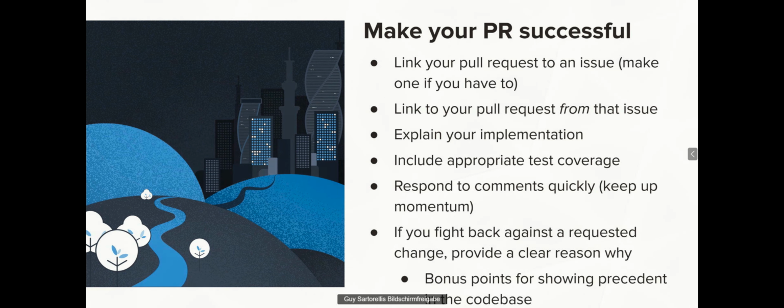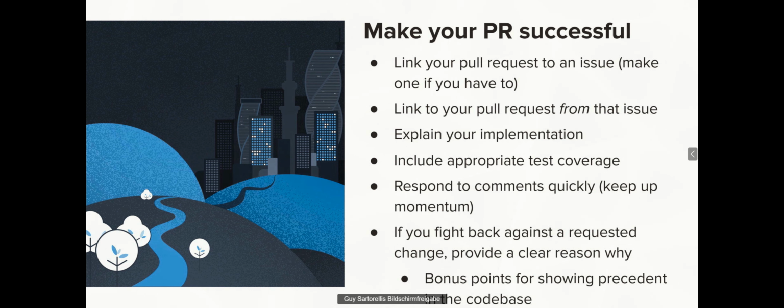So make sure that you link to an issue from your pull request. And if an issue doesn't exist already, please create one. It provides a lot of really good context for the pull request, including reproduction steps. And it means that your pull request description can be purely about the solution in your pull request and doesn't need to talk about the problem.